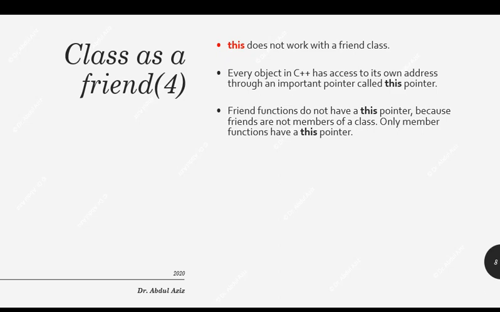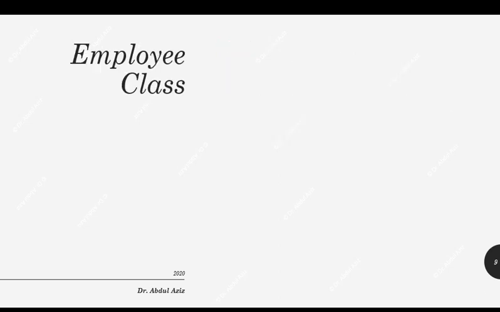Because a friend is not declared within the class, these are independent standalone classes working outside the class and they have no relationship like inheritance. Therefore, this cannot be used with the class that is a friend. So we cannot use the this operator with the functions which are available in the friend class. Okay, I hope this is clear.